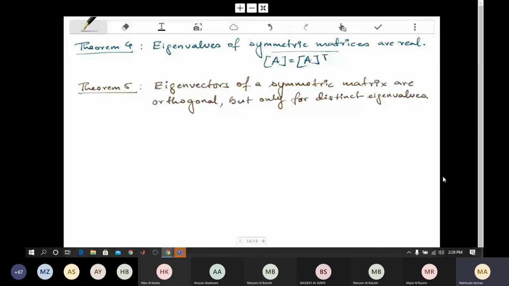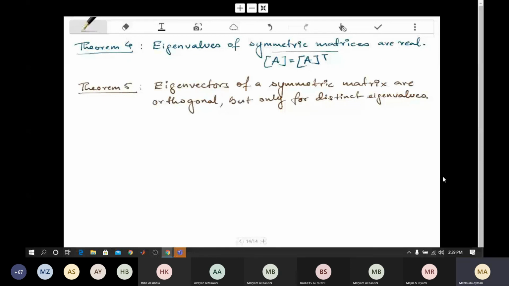Okay, so what this means is that eigenvectors of a symmetric matrix are going to be perpendicular to each other, which means they're orthogonal.